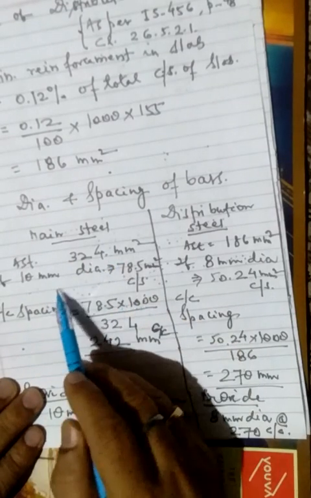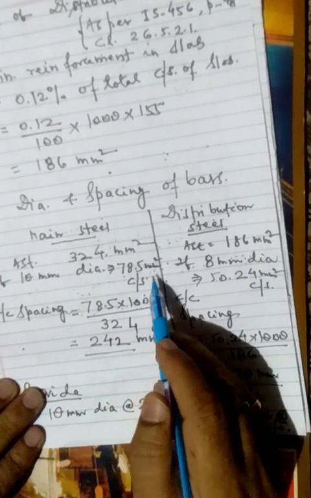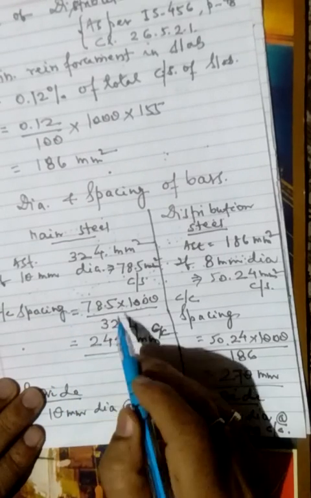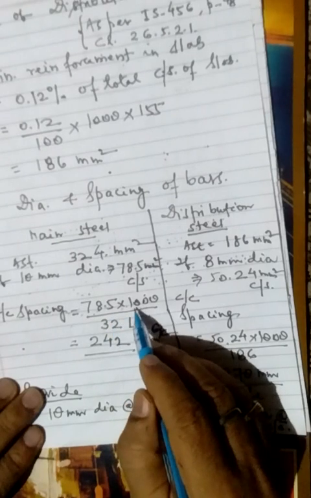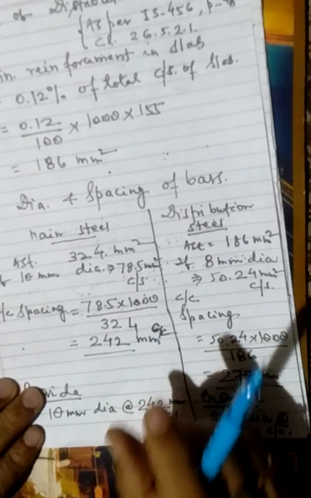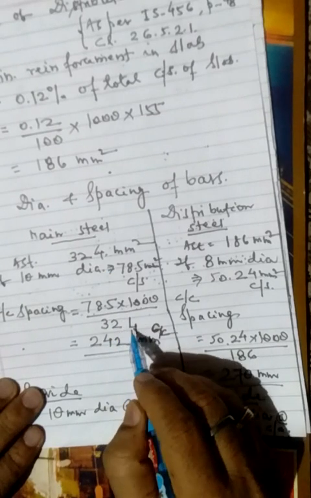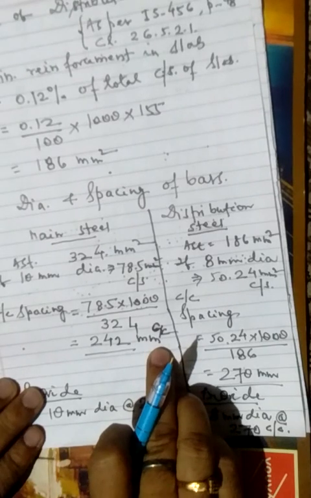If we use 10 mm diameter bar for main steel, its one bar cross section is 78.5 millimeter square. So center to center spacing for this main steel comes 1 bar area 78.5 multiplied by the 1000 mm width of the slab, divided by total Ast which we have obtained, 324. So from this formula we get 242 millimeter center to center spacing of the main steel bars.